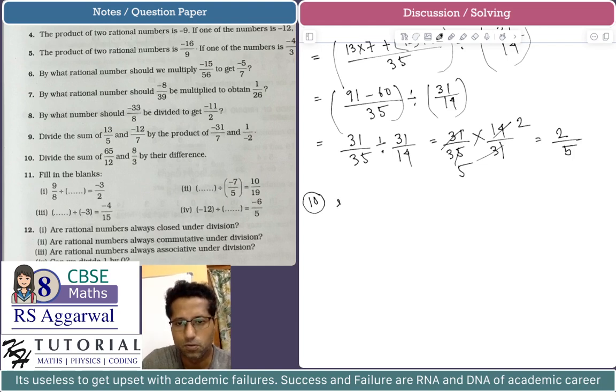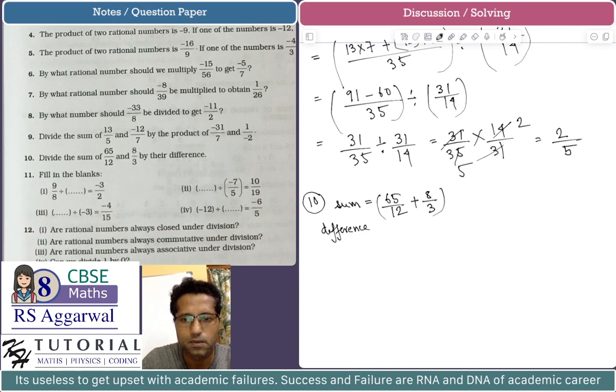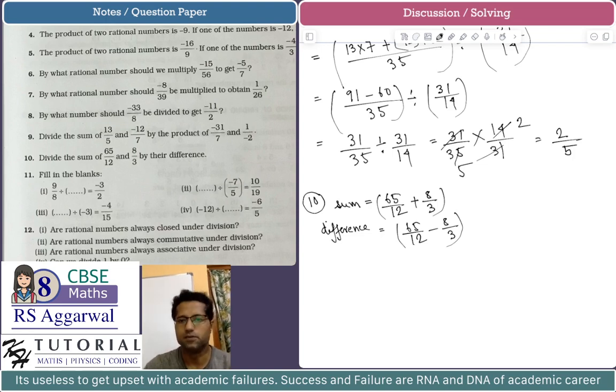So the sum is equal to 65 by 12 plus 8 by 3, and the difference is equal to 65 by 12 minus 8 by 3. So we have to divide the sum by the difference.